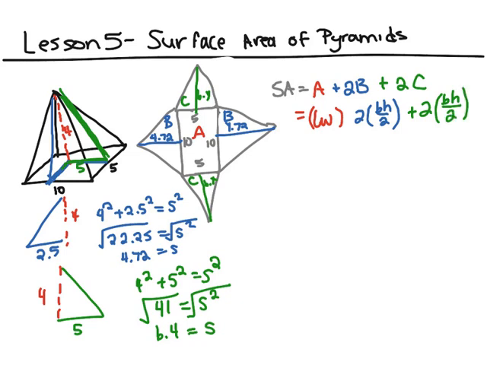And if you notice, you multiply by 2, then divide by 2. So these are going to cancel. These are going to cancel. So the length and the width is 10 times 5. The base times the height for the blue is 10 times 4.72. And the green is 5 times 6.4.